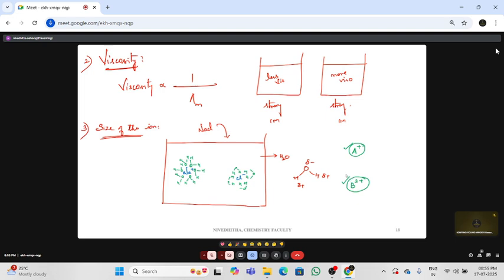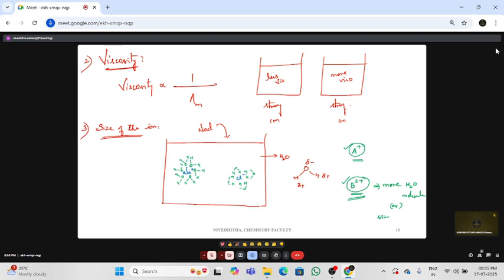The attraction of water molecules is because of its positive charge, right? So among these two ions, this B2 plus has more positive charge, so this will attract more water molecules. So the size of the solvent cage will be greater here than this one, right?